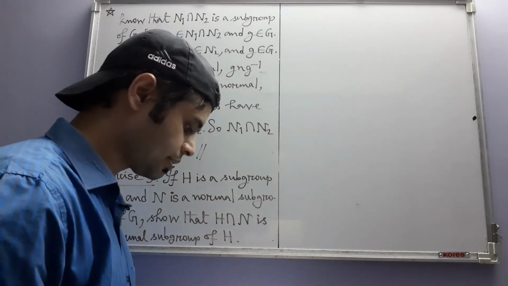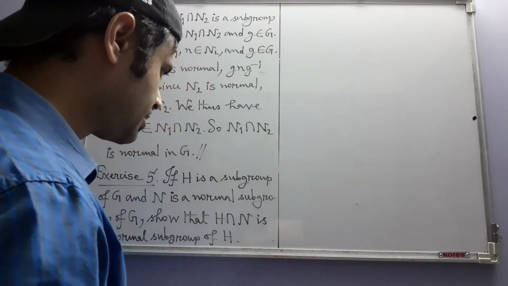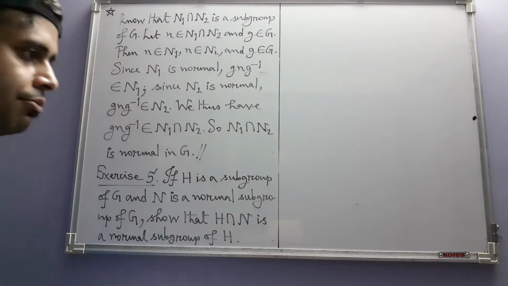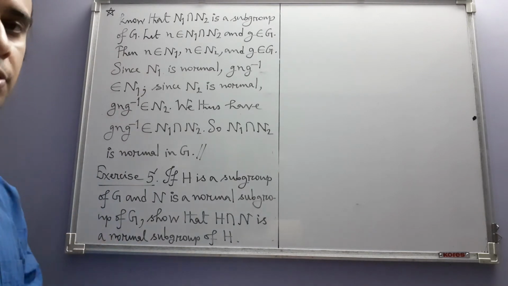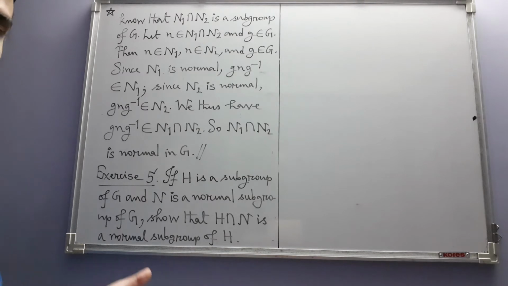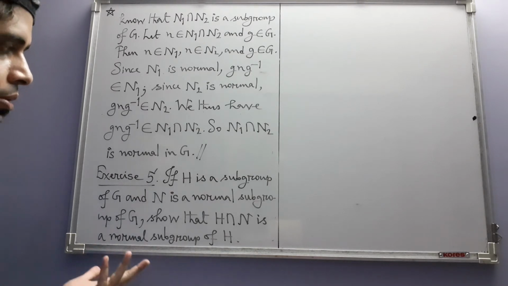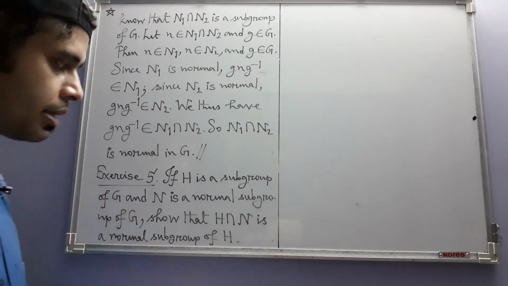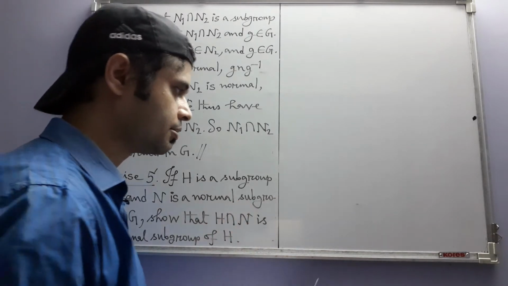We will see those things at some point, but first let us go through basic group theory, because we have many other things also to cover which are not available in this book. For example, this book does not discuss presentation of groups. This book also does not discuss group action, so we will have to go to some other texts for those things. So let us just finish the basics first.